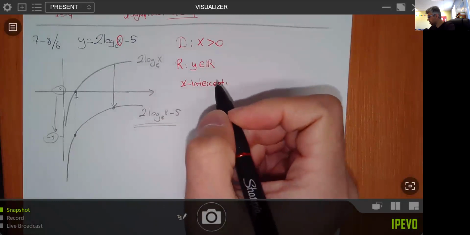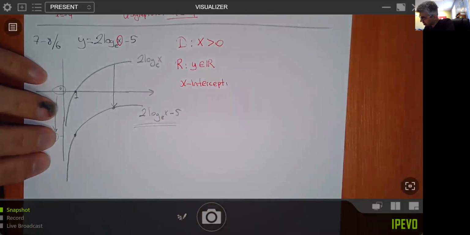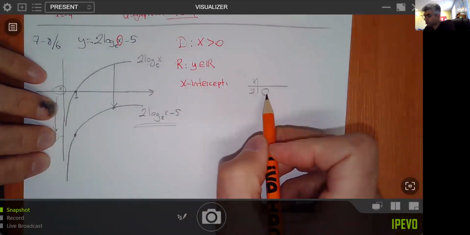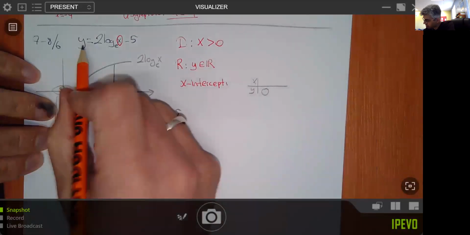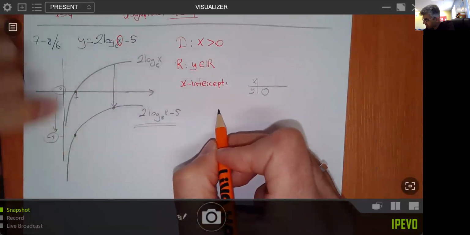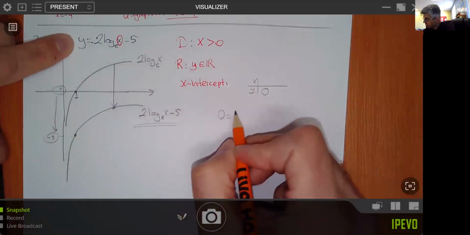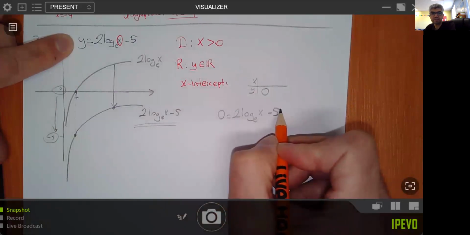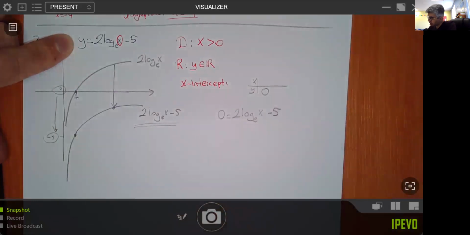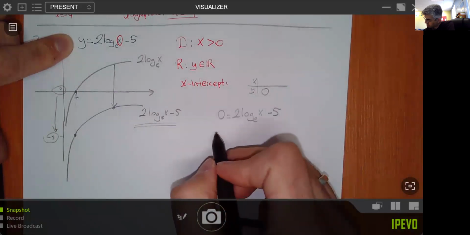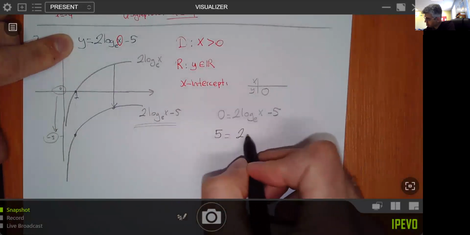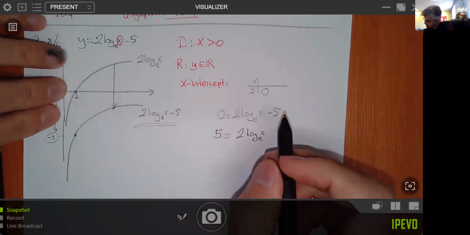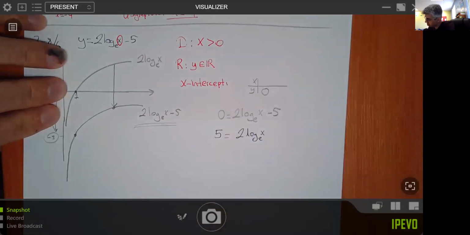How do you find the x-intercept? Remember, guys, x-intercept means y is equal to 0. I write it and solve the equation. So 0 is equal to 2 logarithm of x base e minus 5. If I add 5 to both sides, I will have 5 equals 2 logarithm of x base e.